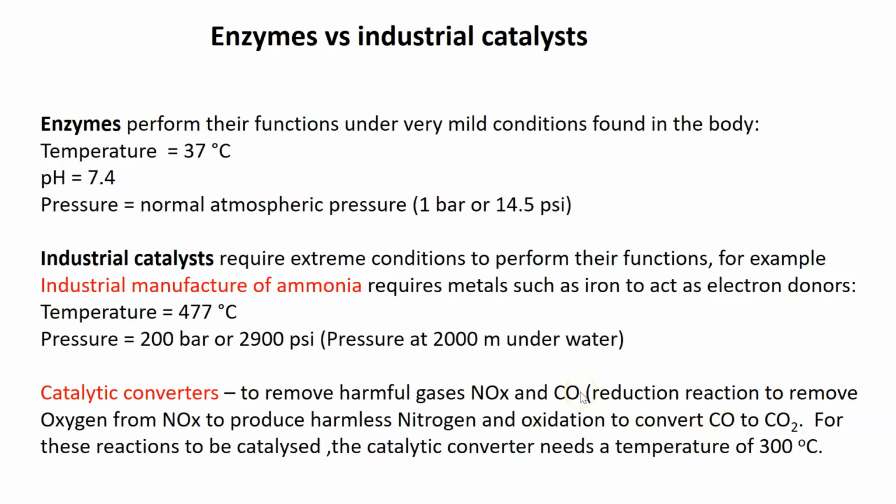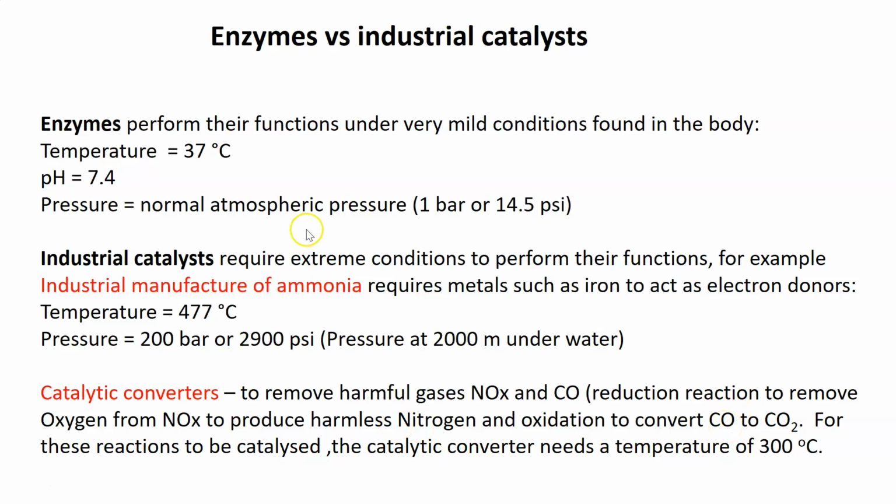So in other words, as you're driving along, your catalytic converter wouldn't be as efficient, but you'd still be producing dangerous nitrous oxides and dangerous carbon monoxide. It's only when you've driven for a while, the engine becomes hot, and the catalytic converter becomes hot as a result of that, that you get good catalysis of this reaction.